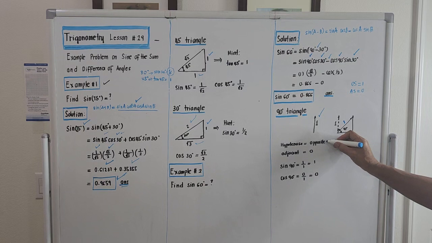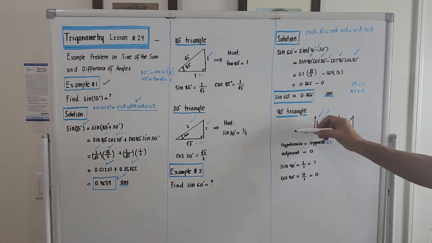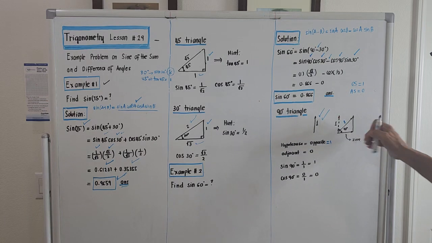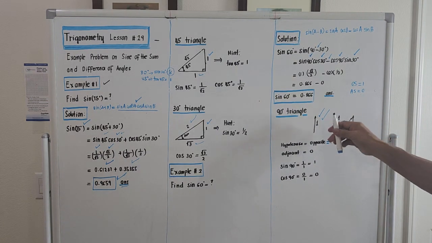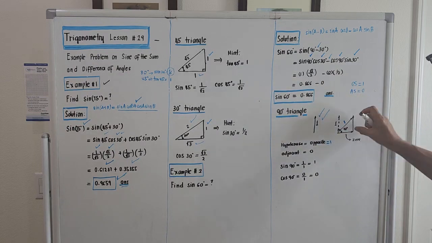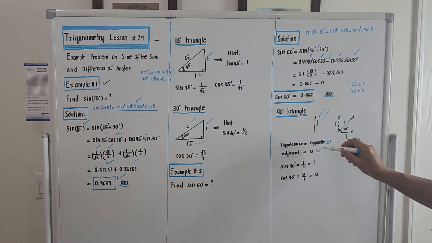There is no more adjacent side. It is just a plain vertical thing, which is the original opposite side. And at the instant of 90 degrees, this opposite side is equal to the hypotenuse. So the adjacent side will be 0.